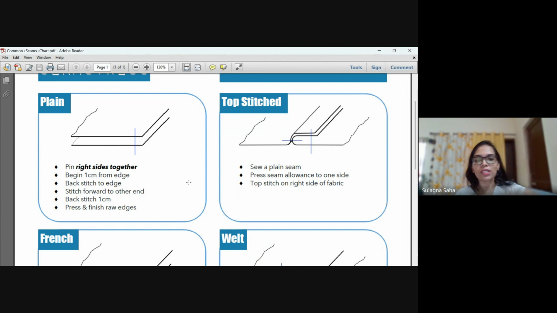Why is it called a lock stitch? One thread goes from up, one thread goes from bottom, and it locks like this, and hence it is called a lock stitch. These lock stitch machines can be used to fold the fabrics in different formats, two layers in different formats, and make seams.